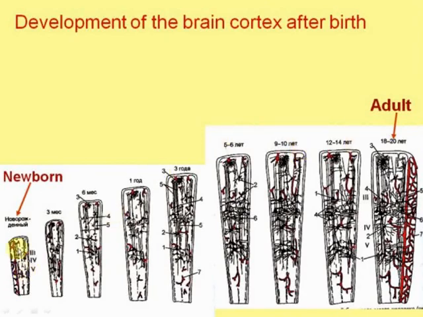This picture demonstrates the development of the brain cortex after birth. This is the brain cortex in a newborn, and 3-6 months after birth, 1-3 years, 5-6 years. The brain cortex thickness slowly increases and reaches maximum at 6 years. After that, it does not increase significantly. The amount of neurons does not increase.